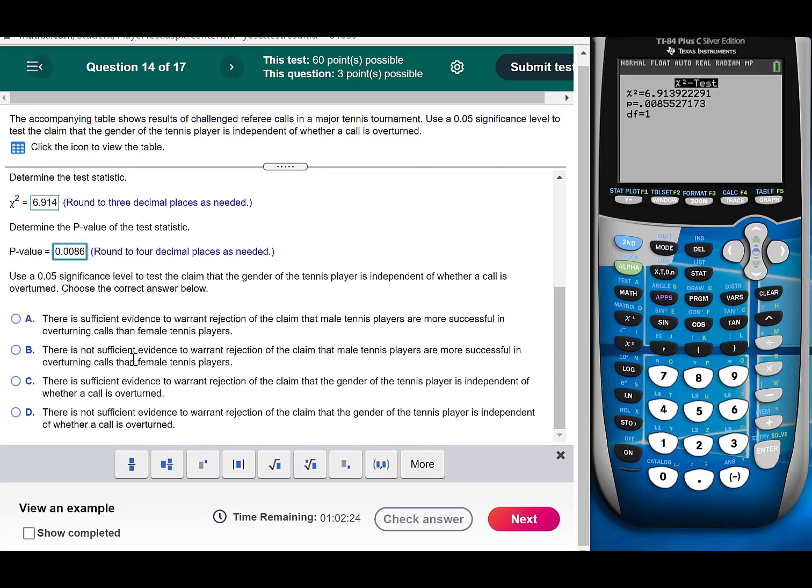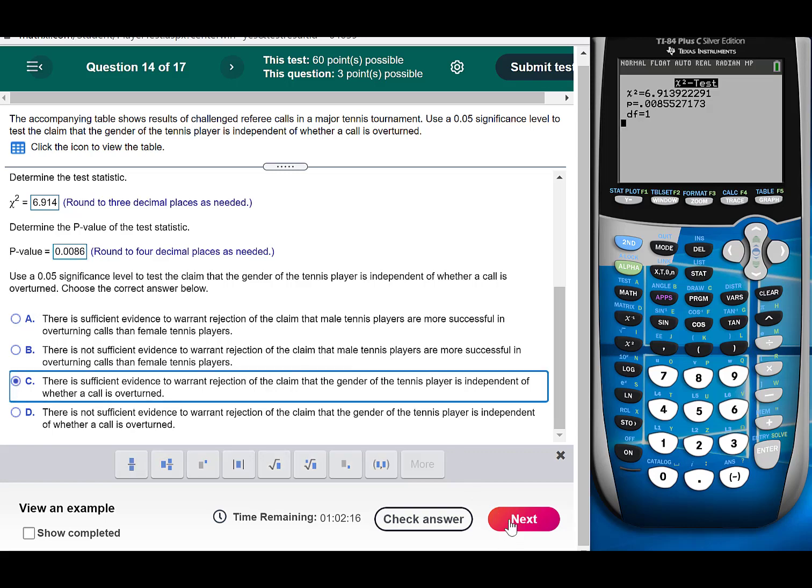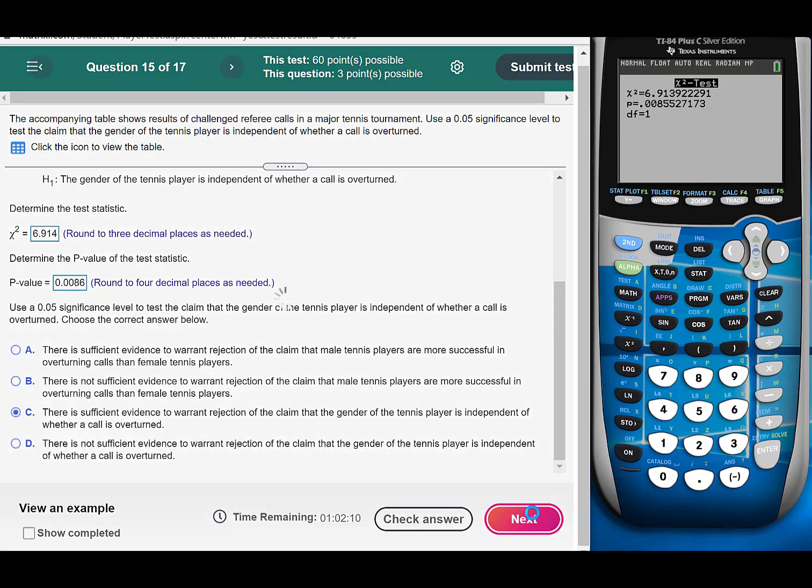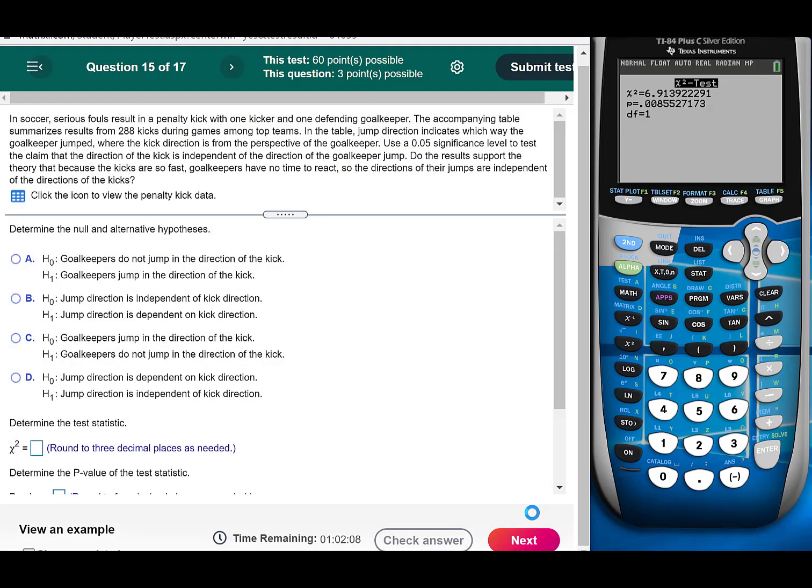Now, let's see which one here. There is sufficient evidence to warrant rejection of the claim of gender. It's right here. See, okay. You can pause and just look at this.